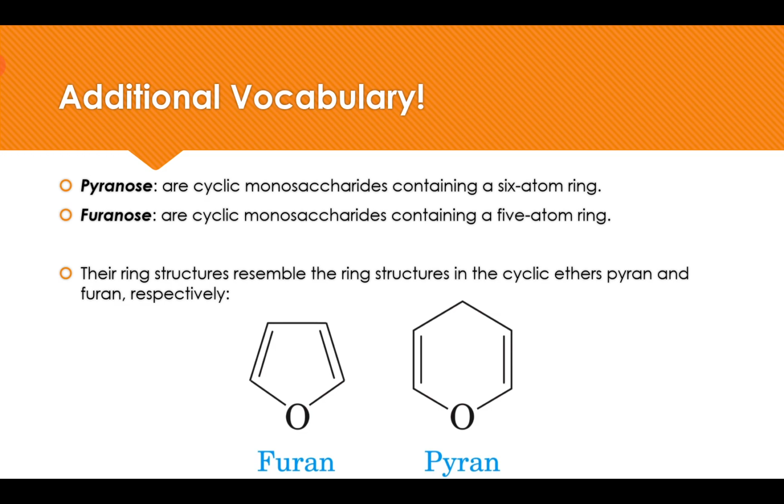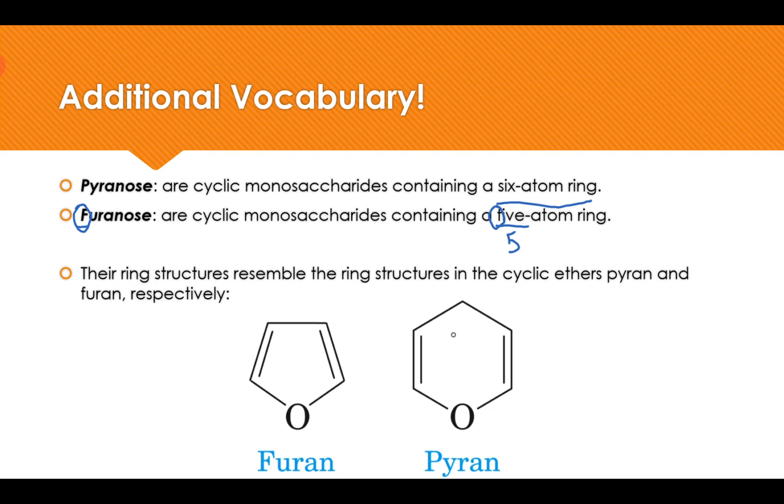Additional vocabulary that you may see thrown out on homework or on ACS exams or something is pyranose and furanose. Pyranose means six-membered ring, and furanose means five-membered ring. 5 starts with F, and so that's how I kind of remember it, although I don't have a great way of remembering pyranose.